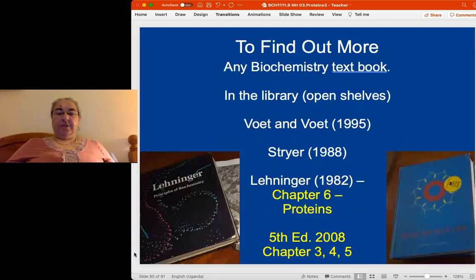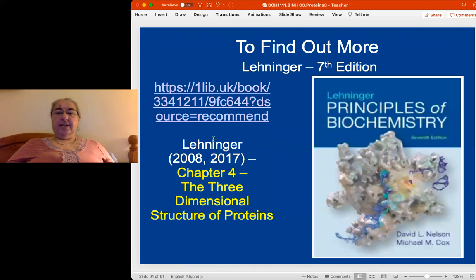And finally, just to remind you where we are in the textbooks: if you're using the old edition of Lehninger, you'll be wanting to look at chapter 6. If you have the 5th edition from 2008, proteins are covered over 3 chapters, 3, 4, and 5. And if you have the latest edition from 2017, the information that we've covered today is in chapter 4, which is called the three-dimensional structure of proteins.